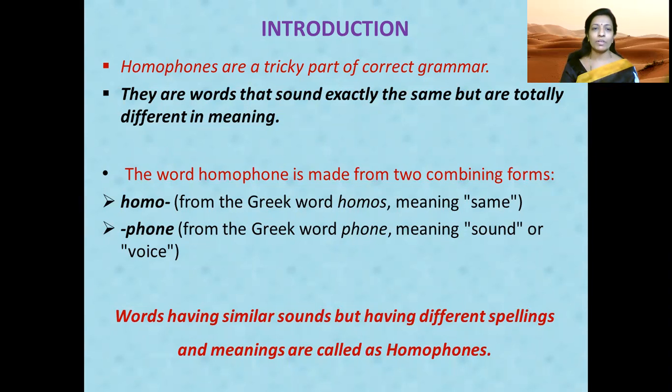The second word phone is again derived from a Greek word phone which means sound. So, the word homophone are those words which have similar sounds but different spellings and different meanings.